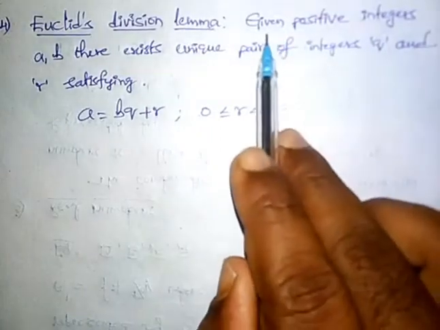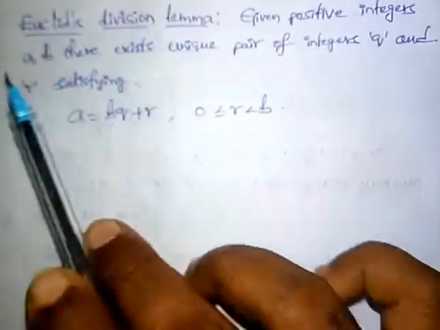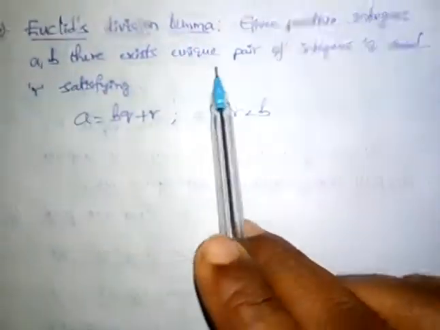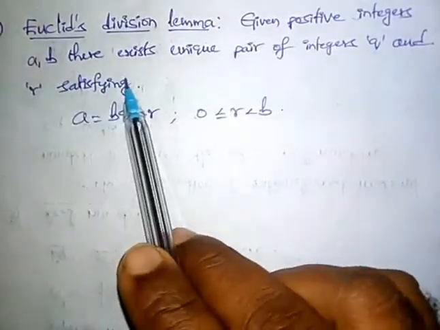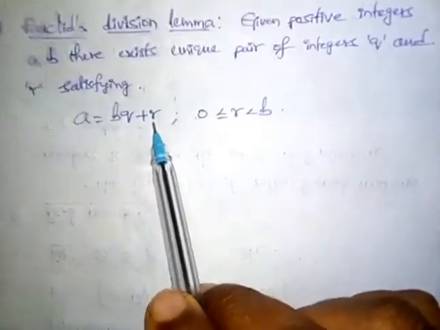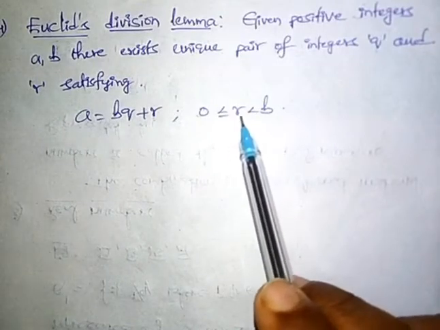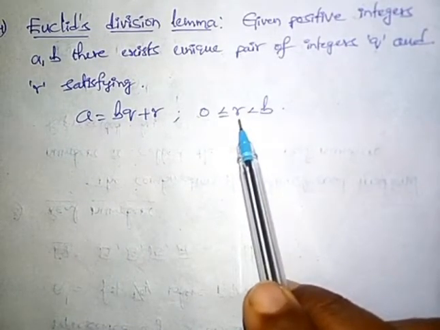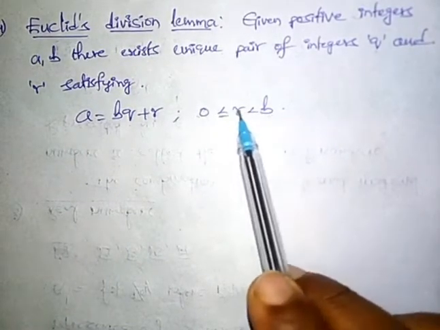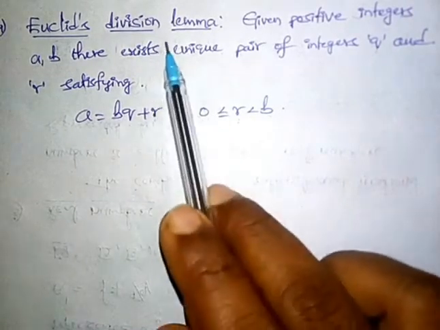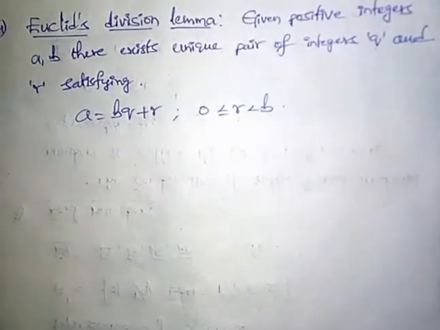That means given positive integers a, b, there exists a unique pair of integers q and r satisfying the relation a equal to bq plus r. And the condition for the remainder is that it should be less than the divisor or equal to 0. So this is Euclid's division lemma. Okay.